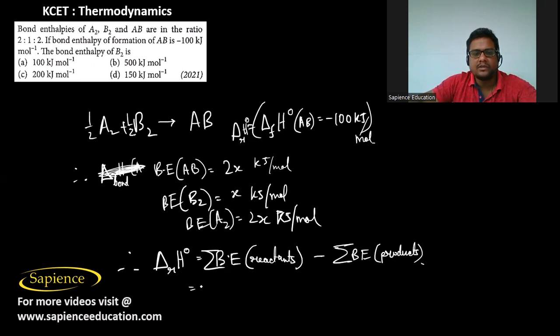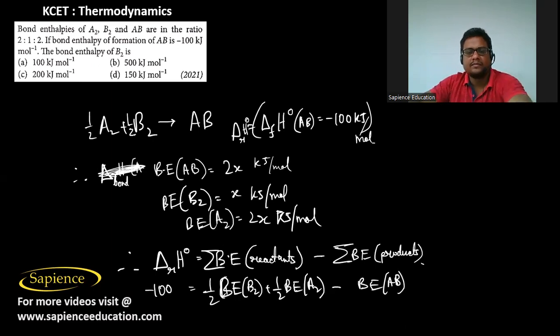So minus 100 kilojoule is equal to half of the bond enthalpy of B2 plus the bond enthalpy of A2 minus the bond enthalpy of AB.